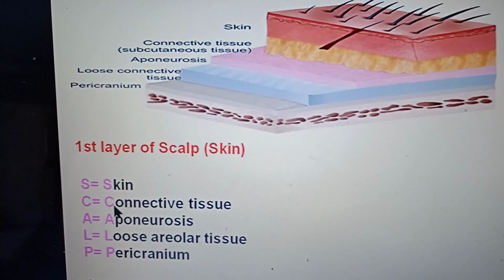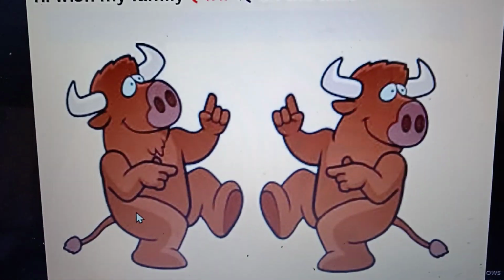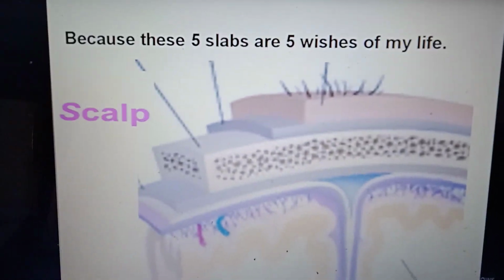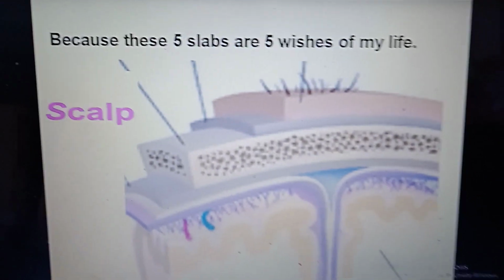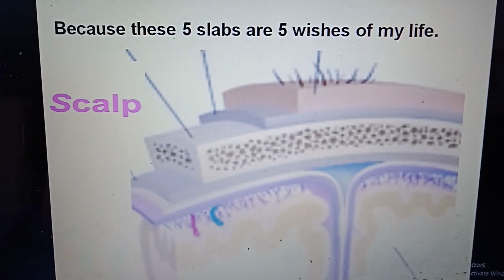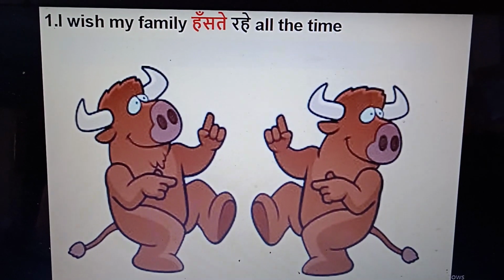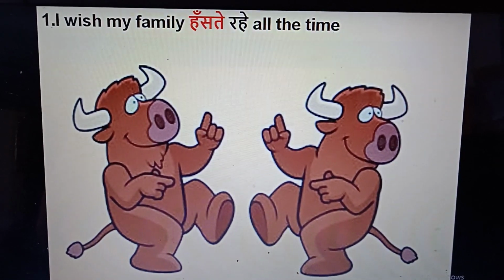This is SCALP, scalp. Now, how will you memorize that each layer has its own peculiarity? So first layer, this is about the first layer from the external aspect, that is the skin.